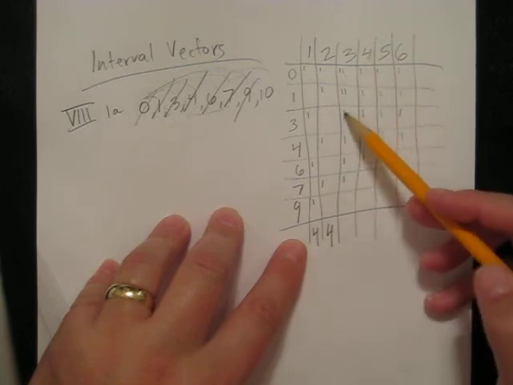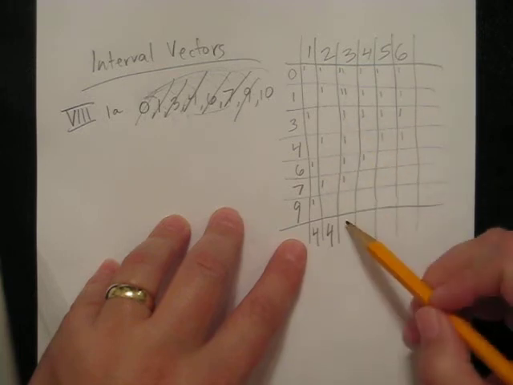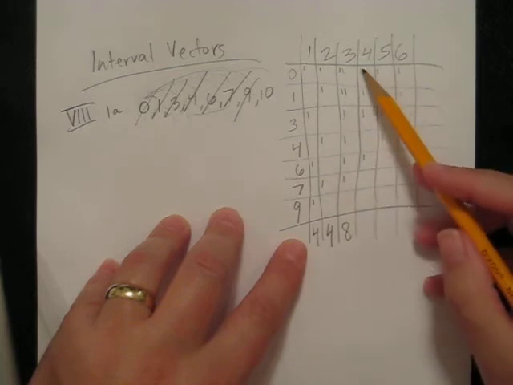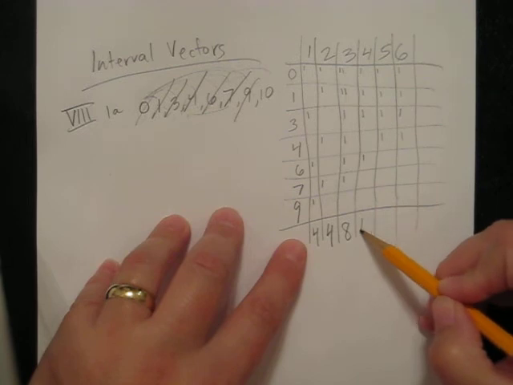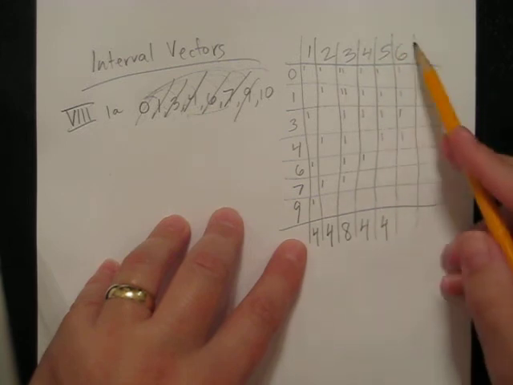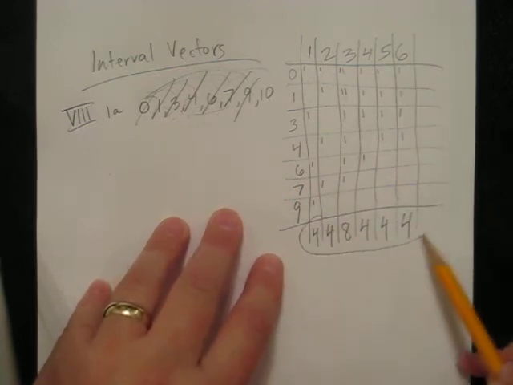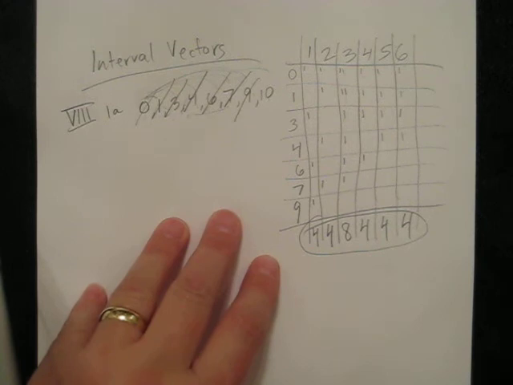Threes are 2, 4, or I'm sorry, 2, 4, 5, 6, 7, 8. Fours, 1, 2, 3, 4. Fives, 1, 2, 3, 4. Sixes, 1, 2, 3, 4. Okay, that's really cool. A 4, 4, 8, 4, 4, 4.